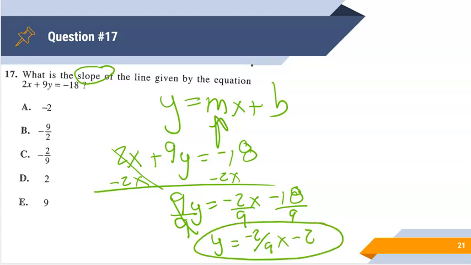Now the slope, right, we're trying to find the slope. Slope is the coefficient of x, which is negative 2/9, which is choice C.